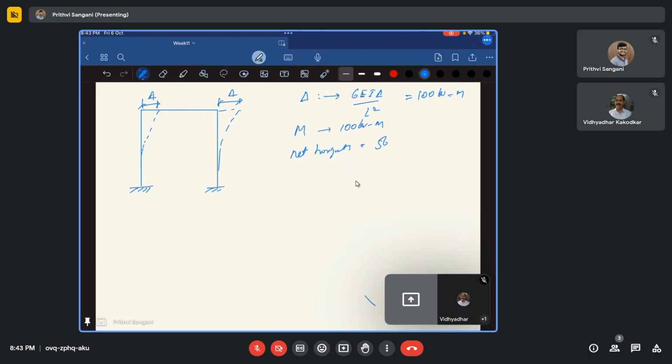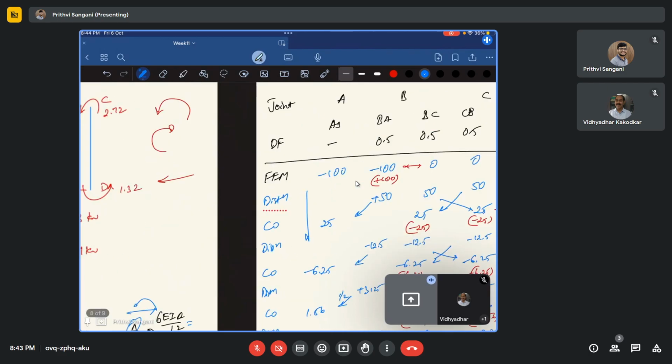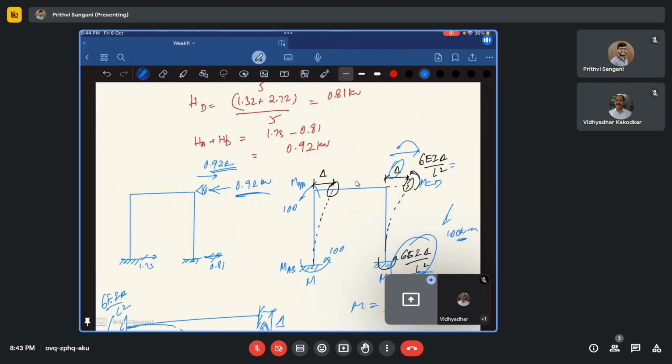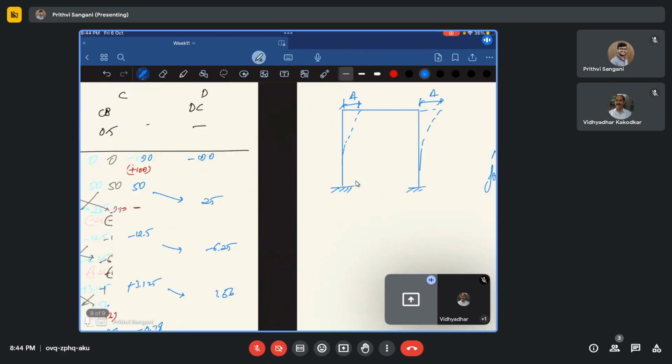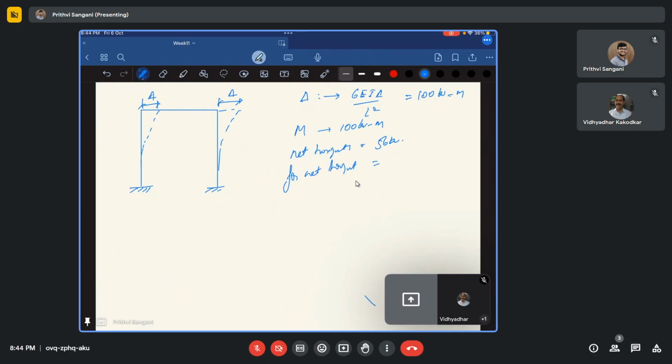Okay, 56 kilonewtons. Now, initially we obtained a net horizontal force of 0.92. So for a net horizontal force of 0.92, what should my moments be?